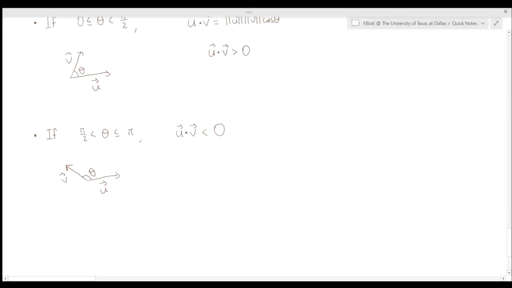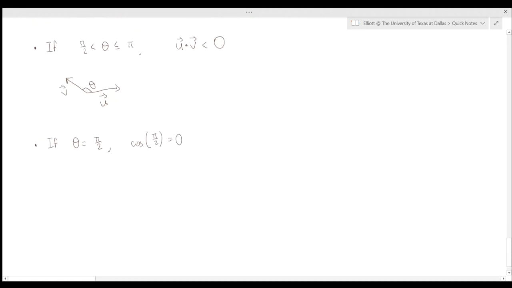For the special case where the angle is pi over 2, it's a very special case. Cosine of pi over 2 is equal to 0. So that means that when our vectors are perpendicular or orthogonal to each other, their dot product will be equal to 0.